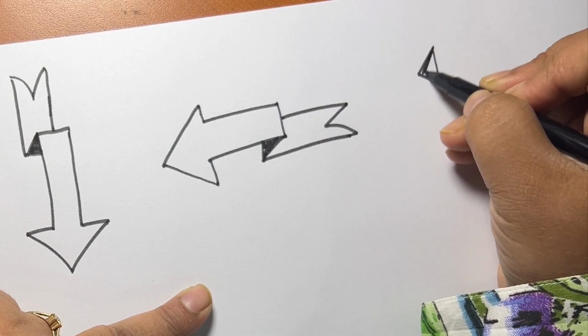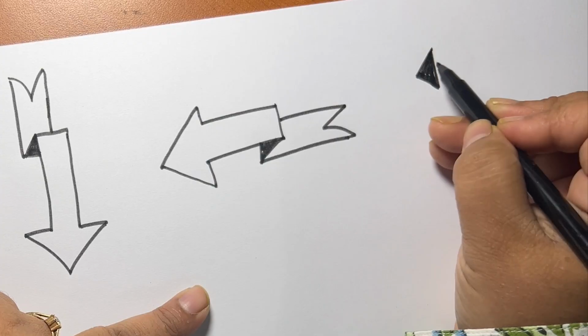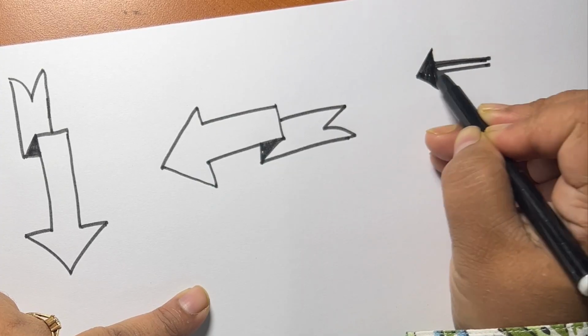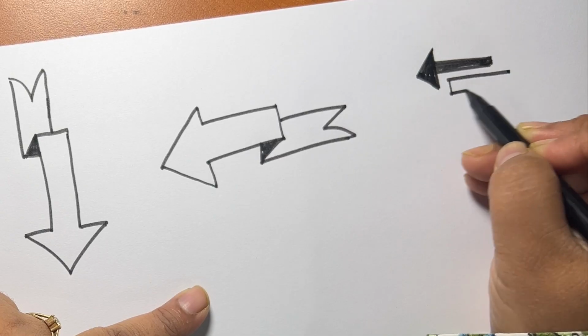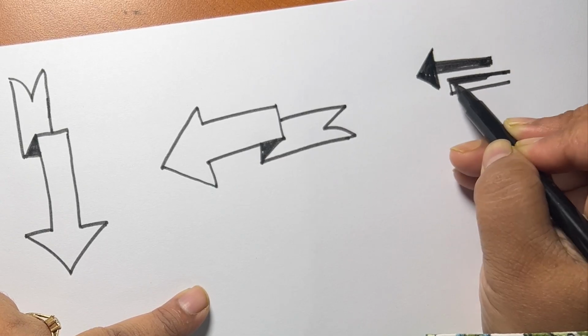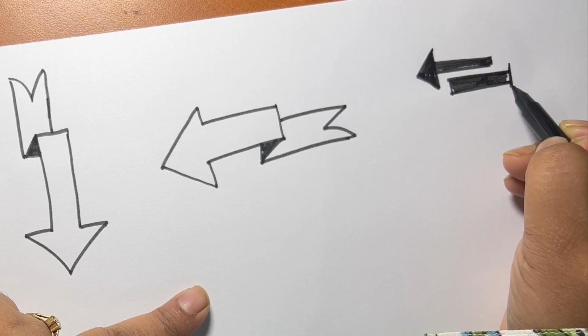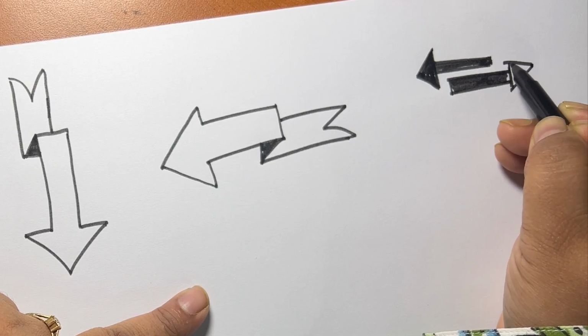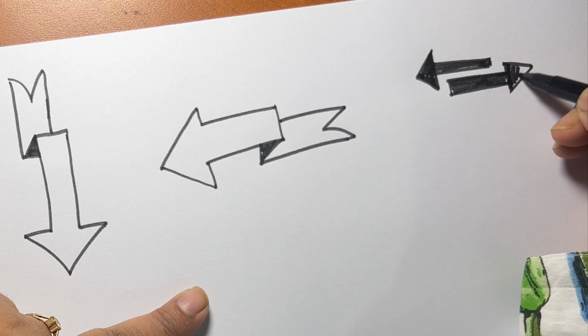So suppose I want to draw an arrow or arrows pointing in both directions. Done that this side. So in your workbook, you can have a collection of arrows. Wherever you come across some nice arrows, you can draw them and have your own graphic booklet ready.